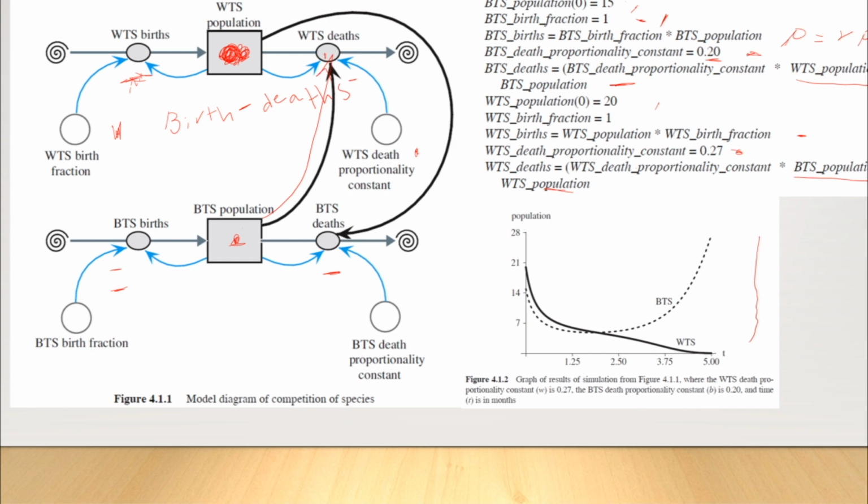That equation satisfies the condition that the BTS population matters to the deaths of WTS, right? That is where the arrow is going from here to here. And we also have one arrow from the WTS population. It also matters to the deaths of BTS, right?